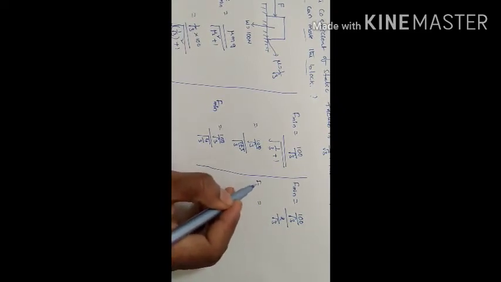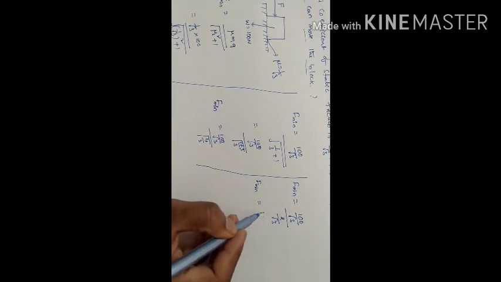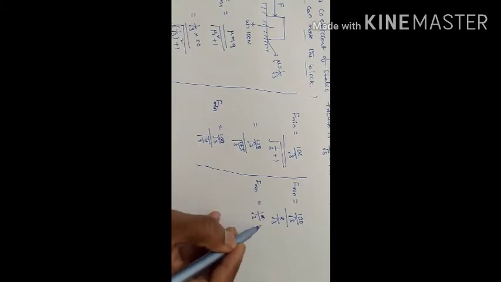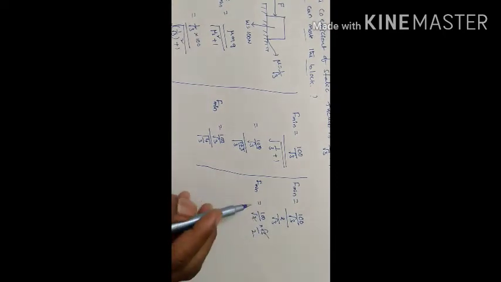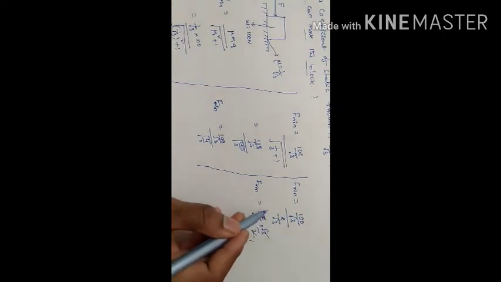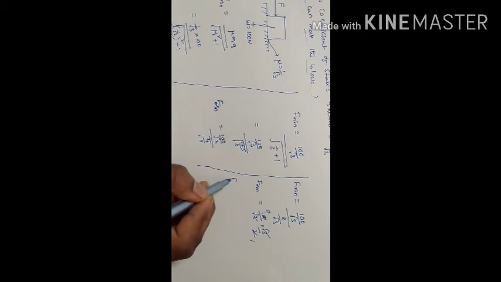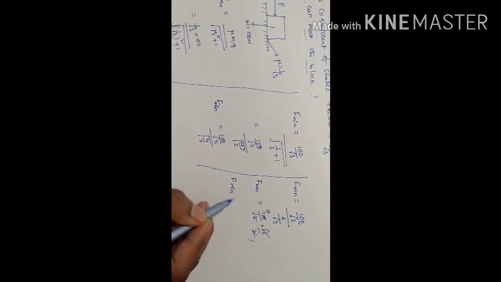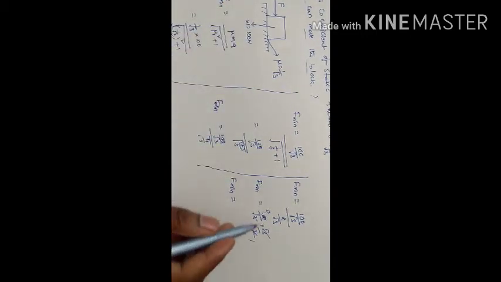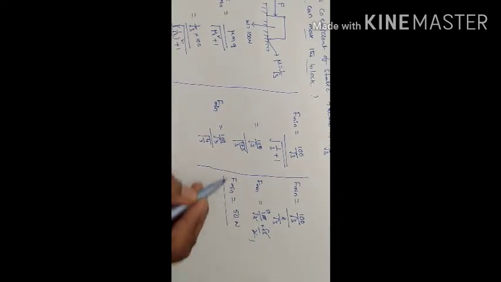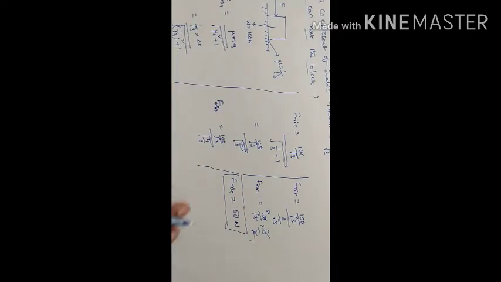So F minimum equals 100 by root 3 into root 3 by 2, reversed. Root 3 gets cancelled, 2 ones are 2, 50. So the minimum force required to move the object is 50 newtons. This is the solution for that question.